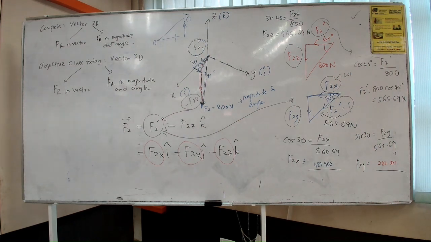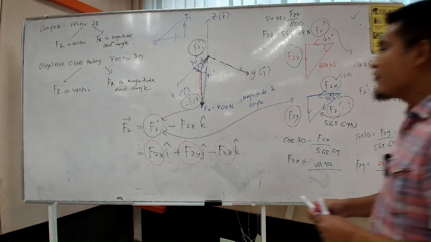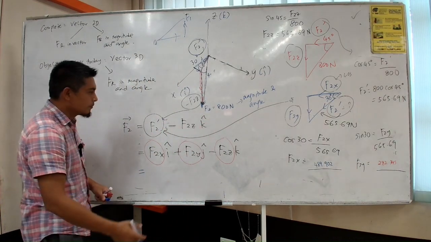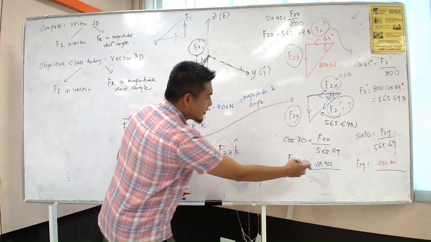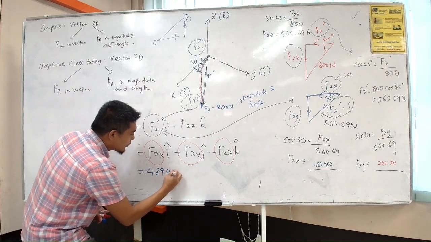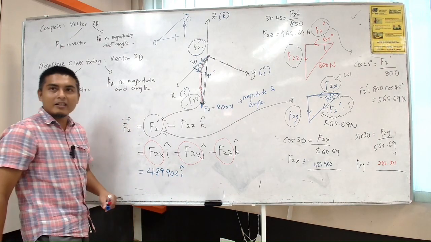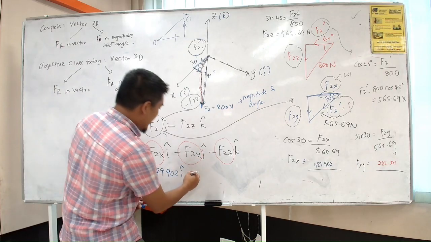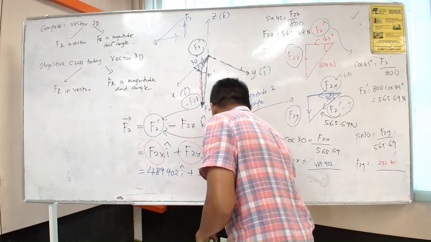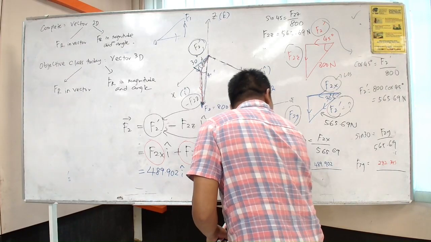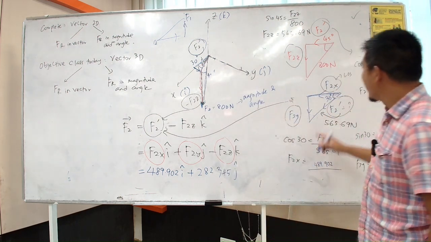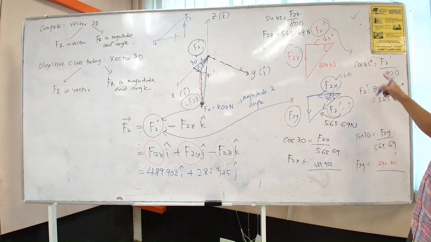Name? Ilham. Okay. Okay, so finally, your F2 in vector form is 489.902 in positive I direction, plus with F2y, which is 282.395 in J direction, and F2z equal to, where is F2z?